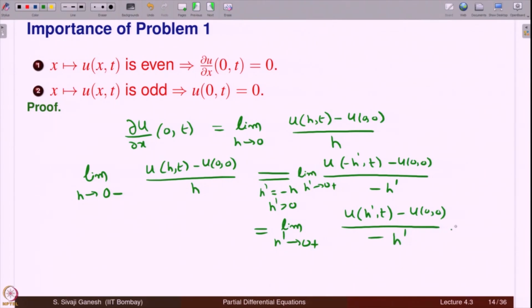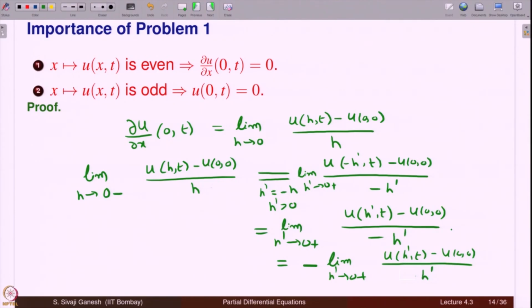This limit exists. So what is this? This minus can come outside: minus limit h prime goes to 0 plus of u of h prime comma t minus u of 0 comma t, divided by h prime. This is precisely the right hand derivative at (0, t) with respect to x.